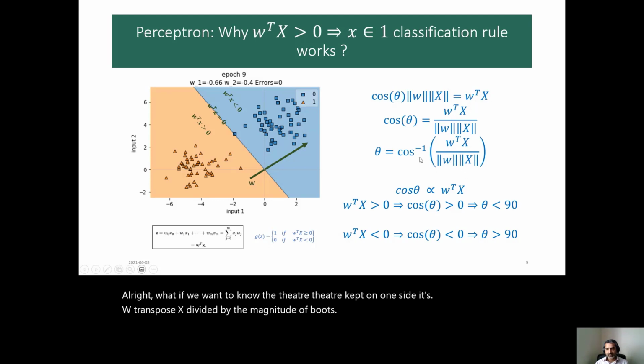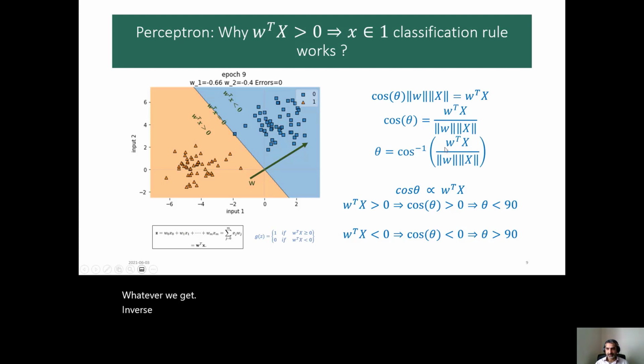Whatever we get, the inverse cosine of that number is theta. So for W transpose X equal to 0, we know it's going to be the class boundary, but we want to calculate the angle between these two to make sure that what we understand is right analytically. So this is going to be the angle.